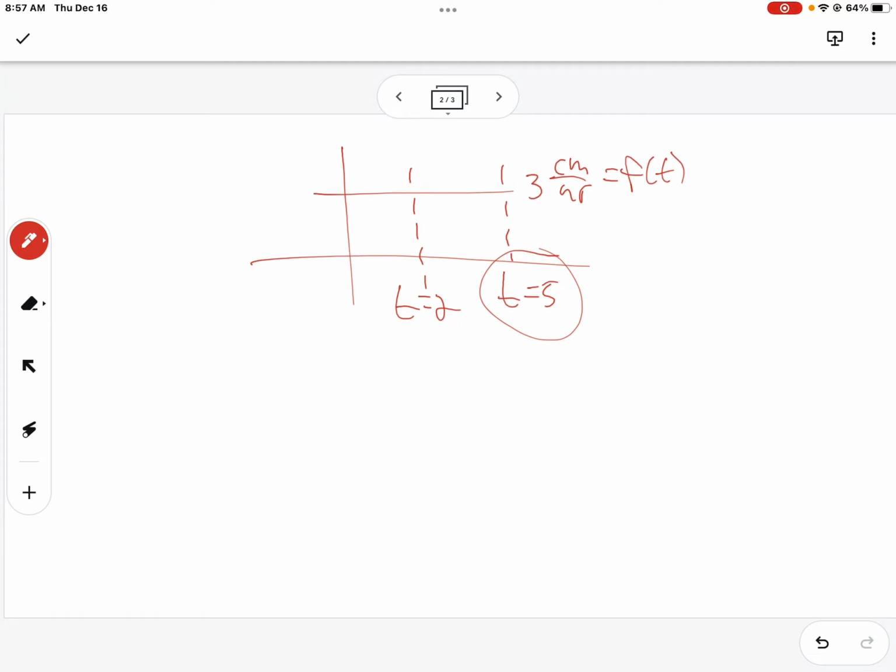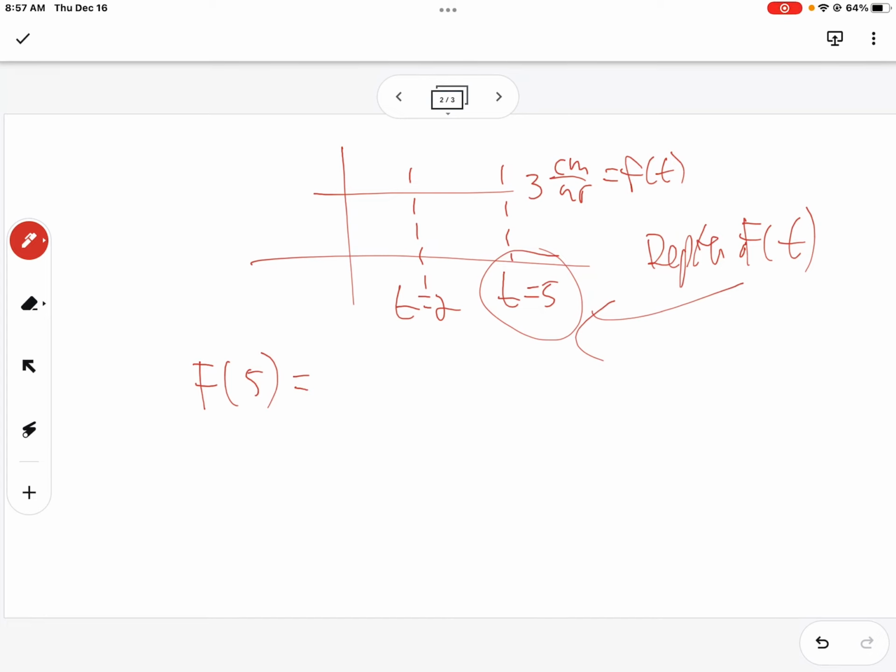So if little f at t is the rate function, big F at t is the accumulation function. So when I'm asking for depth of snow, that is related to big F of t, right? So what did I want to figure out? I wanted the depth at 5 hours. So I wanted to know F at 5. And what piece of information did I start with?